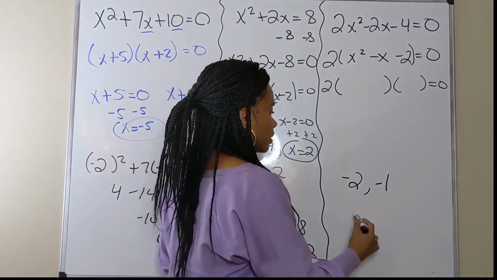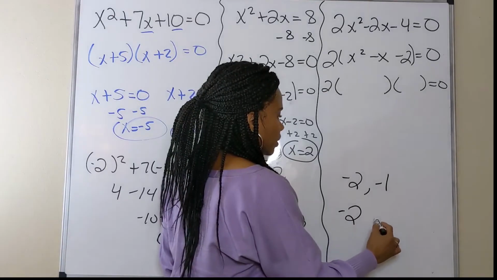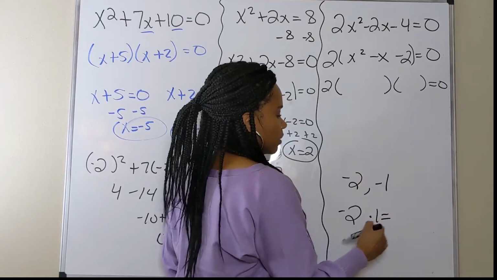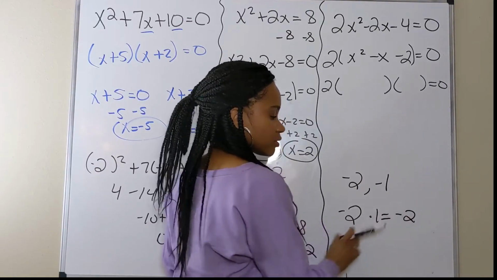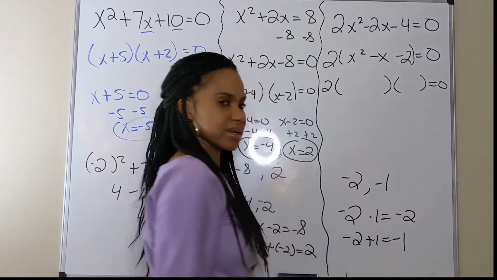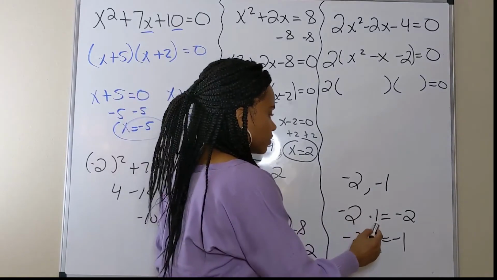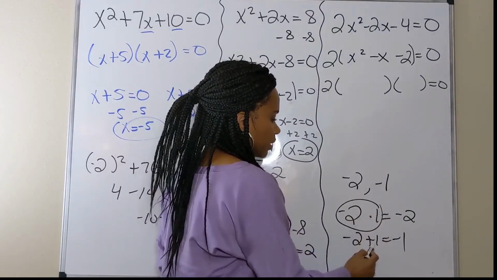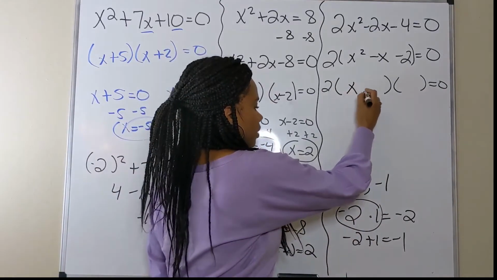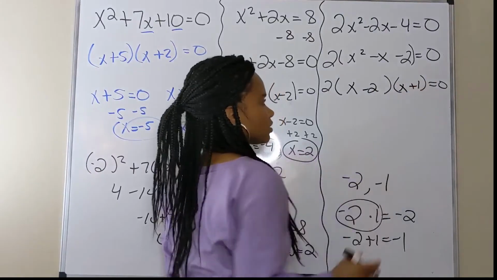That would be -2 and +1, right? Because when I multiply it, I get -2. But when I add it, -2 plus 1, I get -1. So I have to use -2 and +1. So my binomials are x minus 2 and x plus 1.